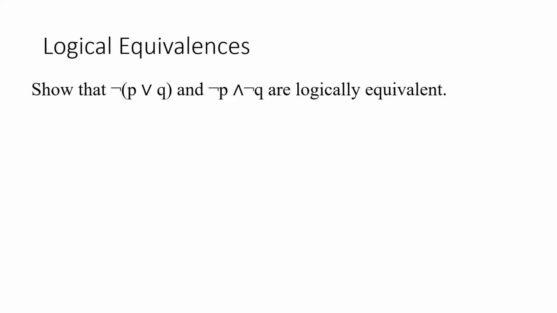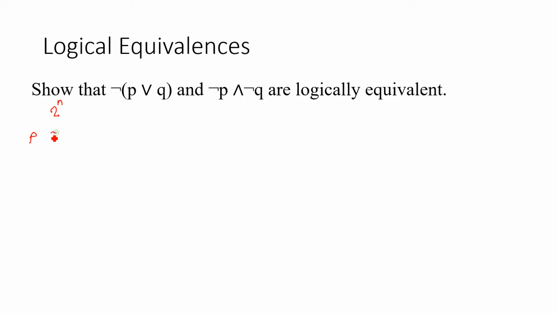For our solution, let's construct the truth table. By the way, in determining the number of truth values, we have the formula 2 raised to n, where n is the number of propositions. Since we have two propositions, we have four truth values in our table. So you have P and Q.